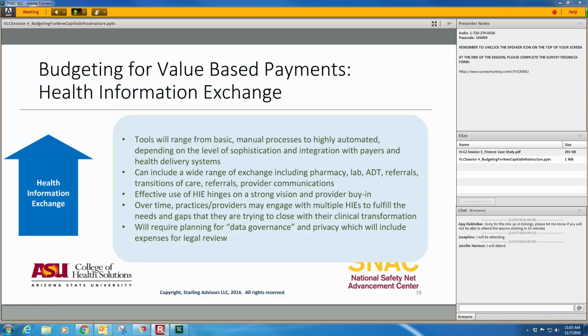Okay. Health information exchange. I know many of us are dealing with what this means in our specific health ecosystems, and I think we've all experienced different levels of success and challenge around the HIE conundrum.